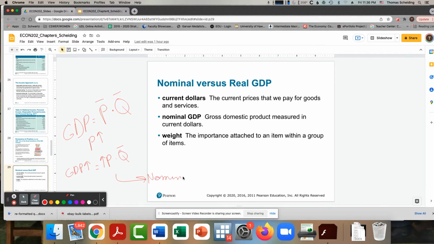So nominal GDP can increase because prices increased, because quantity increased, or because both increased.